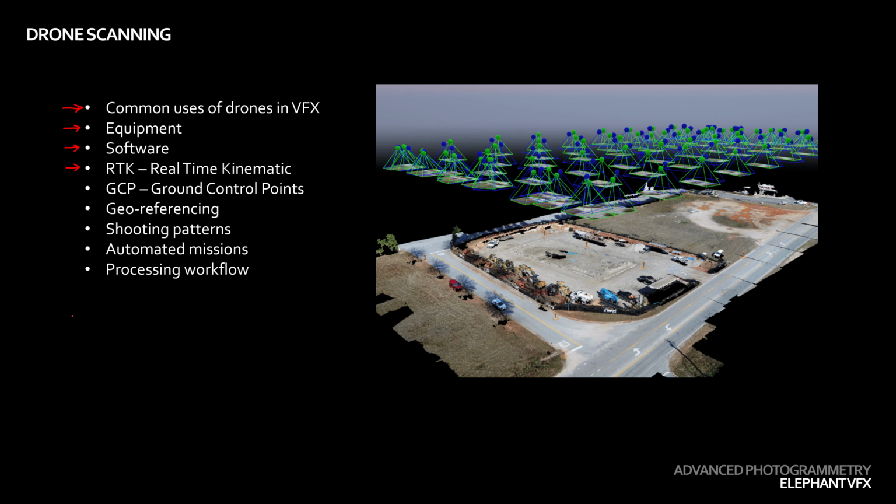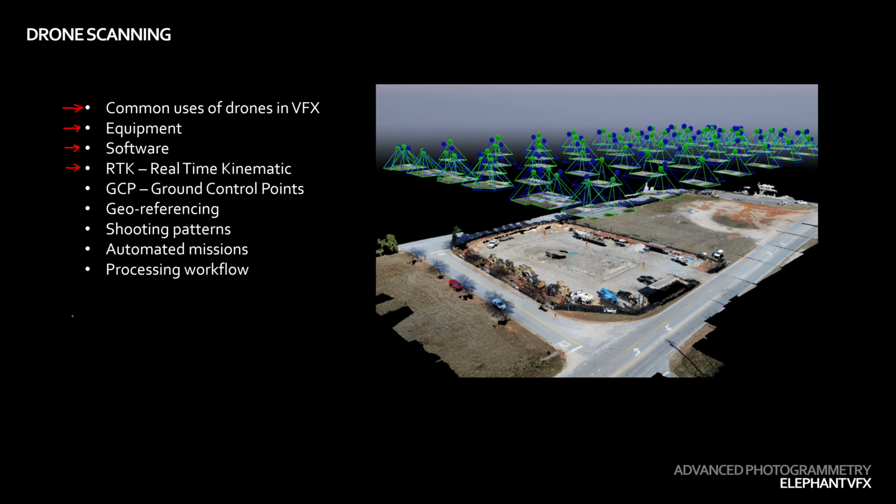I'm just going to mention it because it's extremely important, because if you work in the visual effects industry as a surveyor or wrangler, you might get asked to use real-time kinematics. So I just want to mention that to you. But again, we're not going to be using it in this course.